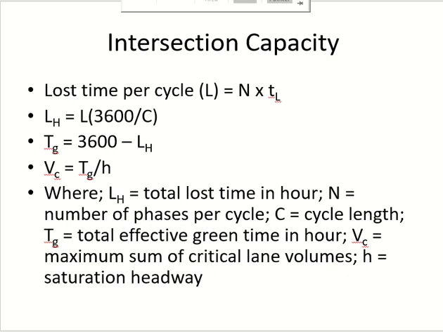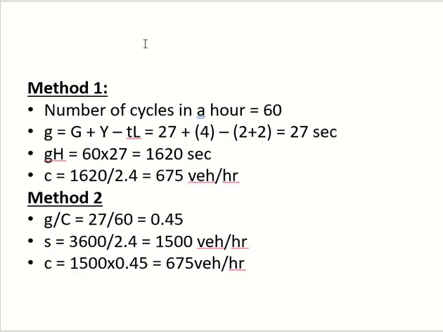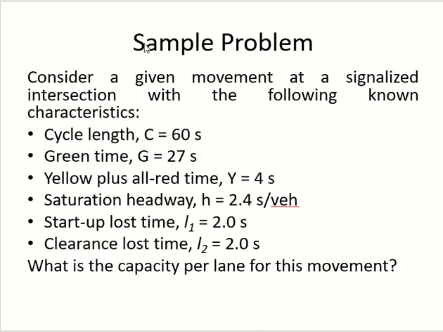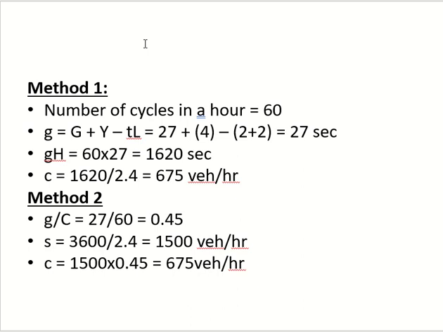The last thing we did was an example in which we were required to calculate the capacity of one approach of the signal, and we did it using two methods. The first method involved the saturation headway, and the second method involved the use of saturation flow rate.